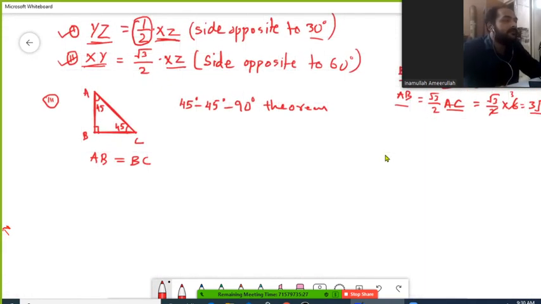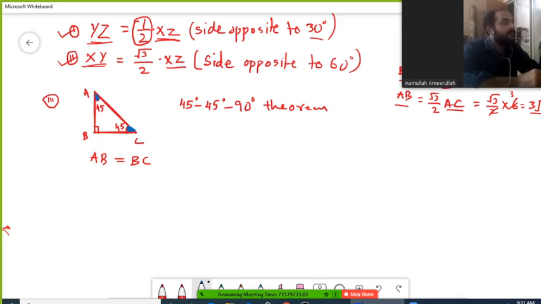Similarly, in the 45, 45, 90 theorem, it is already given that this angle A is 45 degrees and this angle C is also 45 degrees. So these two angles are equal and they can be considered as the base angles of this triangle.